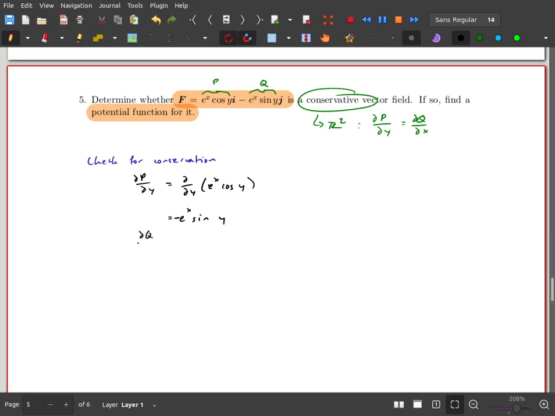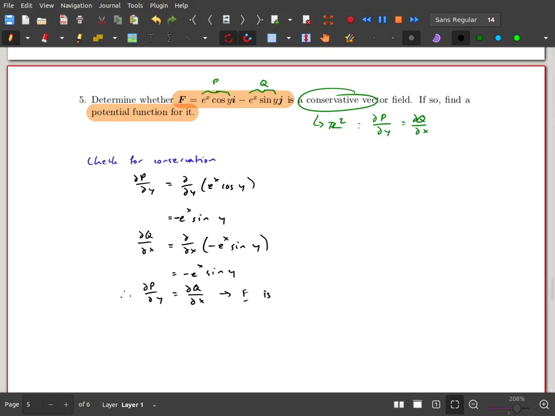Then partial q, partial x, so that's negative e to the x sine y. And that is just negative e to the x sine y. So therefore, partial p partial y is equal to partial q partial x. So F is conservative.